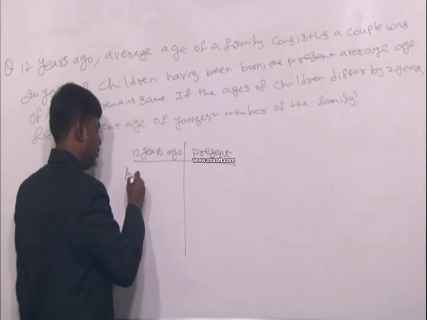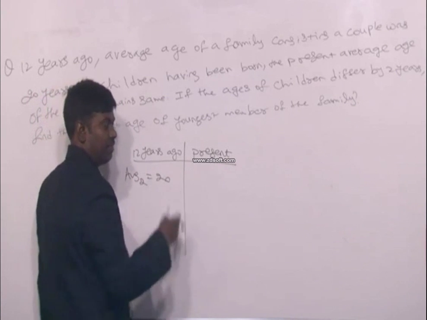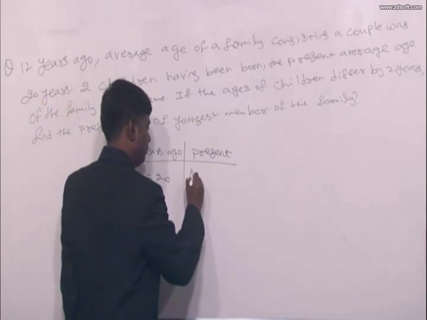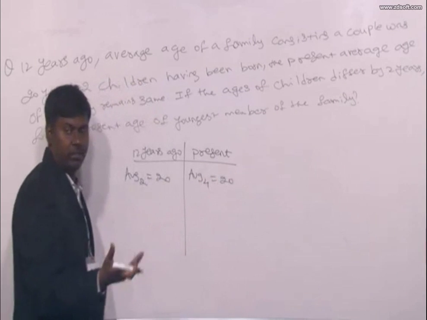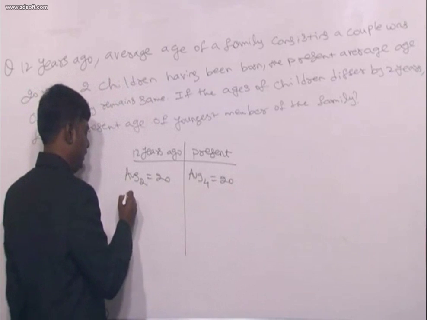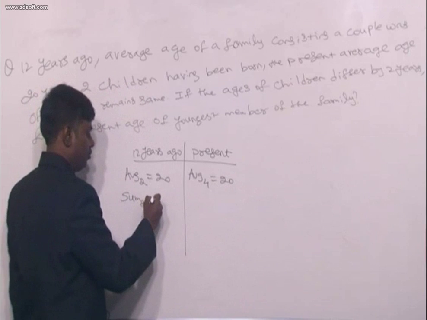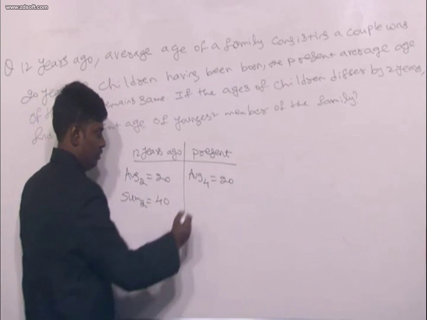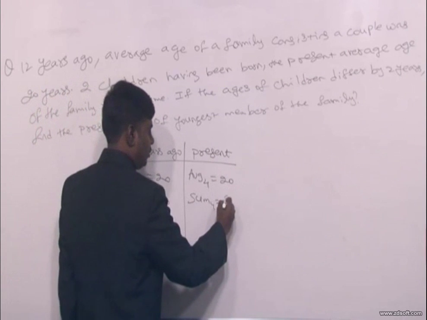So the average age of 2 people then was 20. In the present, the average is still 20. Why? Because the children's ages are less. But when you say the average of 2 is 20, then the sum of 2 is how much? 20 into 2, that is 40. Similarly, the sum of ages of all 4 people in the family is 80.